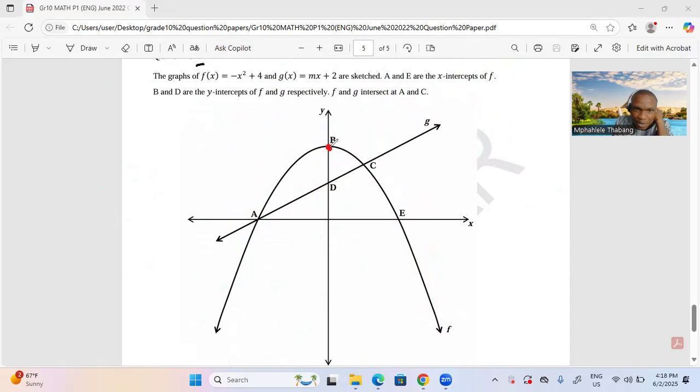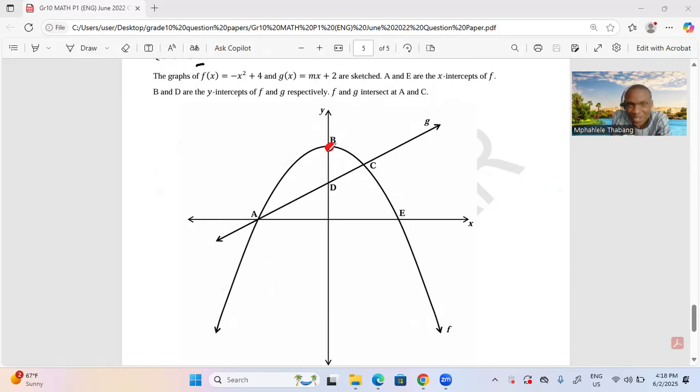B, I said, is the turning point of your parabola graph f. But it's not only the turning point, it is also the y-intercept. What is the y-intercept? The y-intercept is the y-cut of the graph. So if you look at the quadratic function f of x, it is cutting the y-axis at point B. So we say the point B is the turning point and it is also the y-intercept.